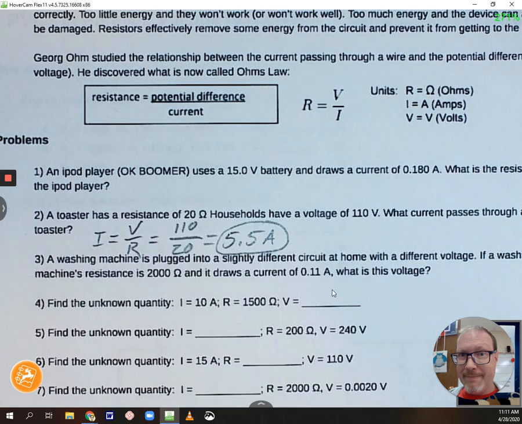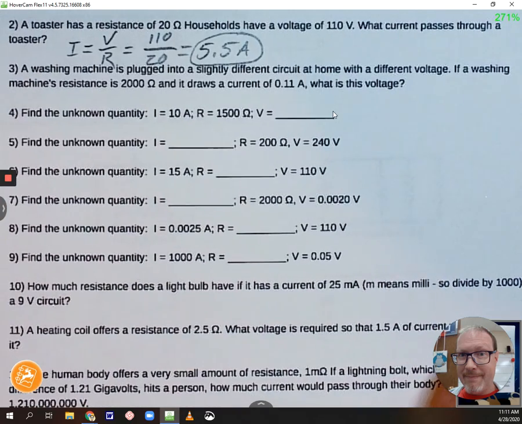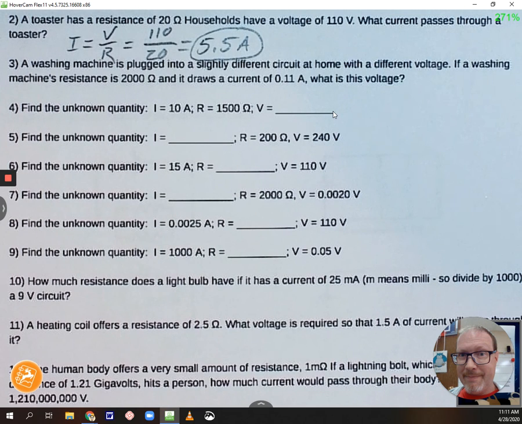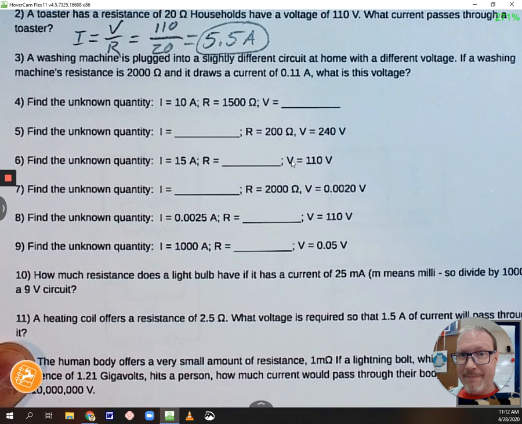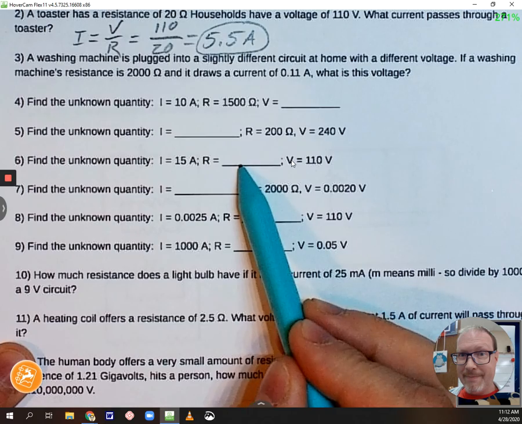Let's hop down a little bit and take a look at some of these that aren't word problems. These might be a good place for you to actually start. And let's do number 6. Number 6, they want us to find the unknown quantity. They give us a current of 15 amps, voltage of 110 volts, and they want us to find resistance.